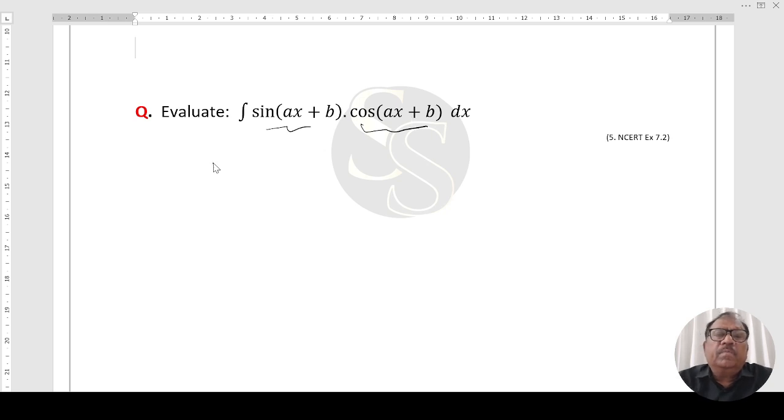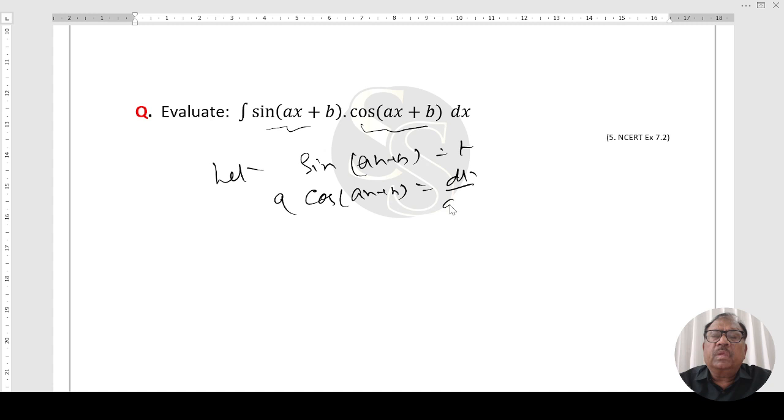Now, let sin of ax plus b equal to t. Differentiating both sides, cos of ax plus b into a equals dt by dx. So cos of ax plus b dx equals 1 by a dt.